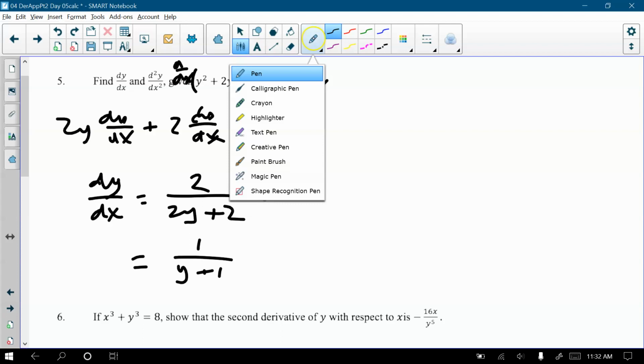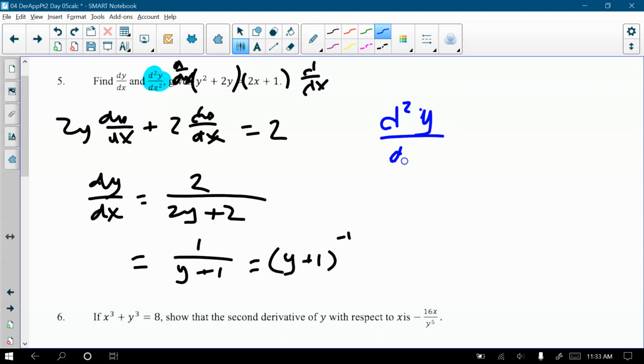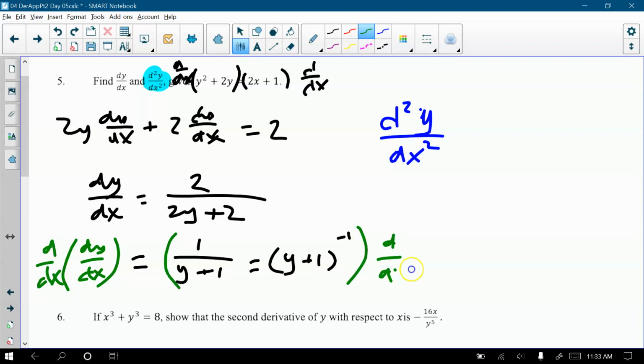My question is asking me to find the second derivative, so let's find the second derivative. The second derivative is going to be, let's rewrite this as y plus 1 to the negative 1. That way I don't have to do a quotient rule, because quotient rule is kind of too much work. So d2y dx squared. And again, I'll just show all my work because that's what I expect of you. I'm taking the derivative of both sides again. And that gets me here.